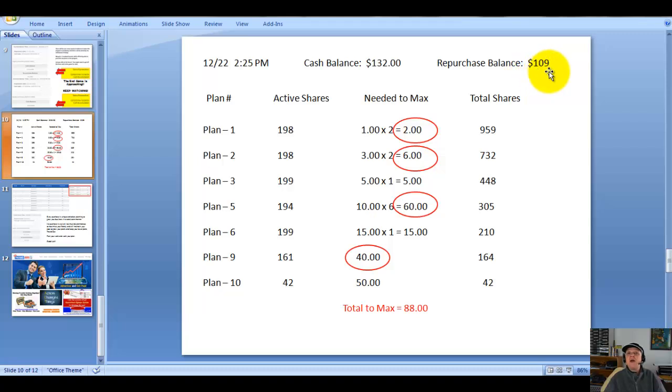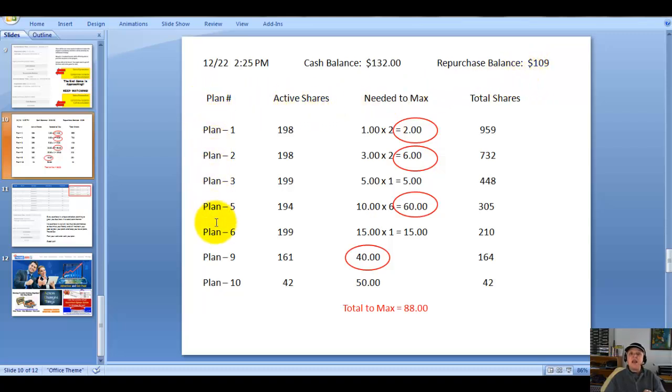And so I ended up with $109 to spend on my repurchase. Now remember, I'm accumulating my cash balance for 24 hours, so I don't want to touch this amount right here. I just want to spend this $109.